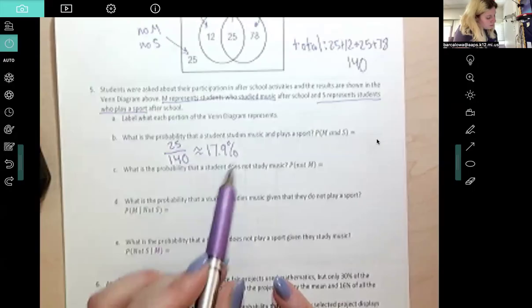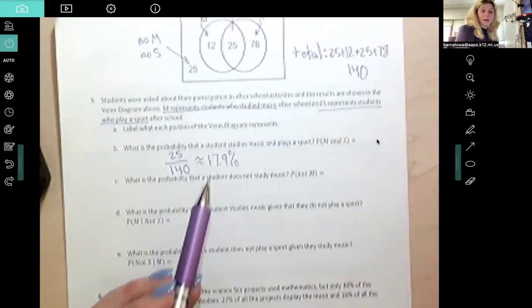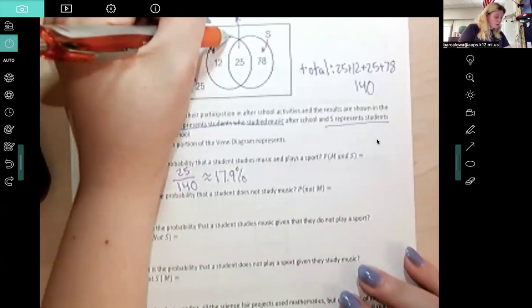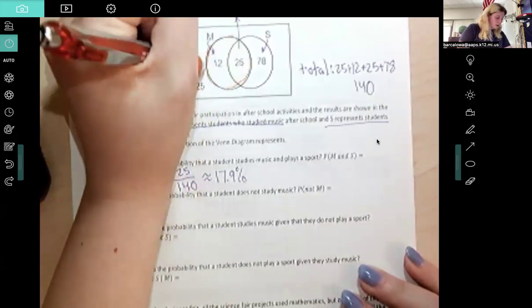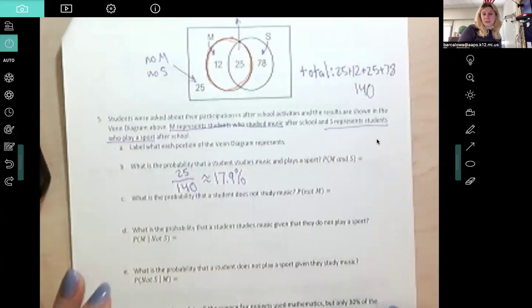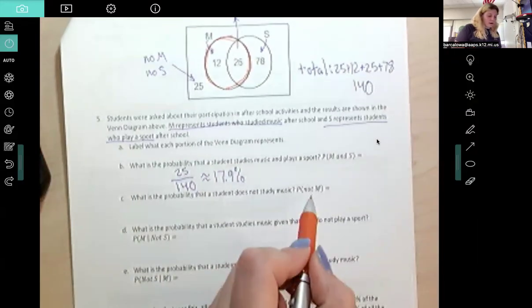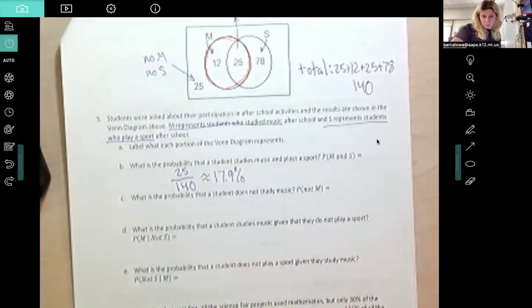What is the probability a student does not study music? Okay, this is where we need to be really cautious. This whole circle are all students that study music. So anywhere outside of the circle is where I'm looking for not music.